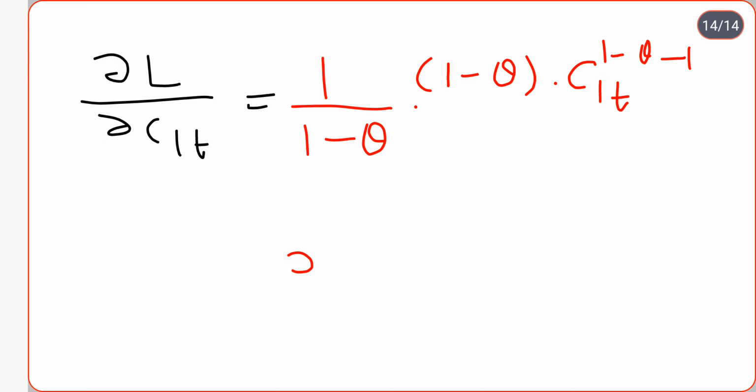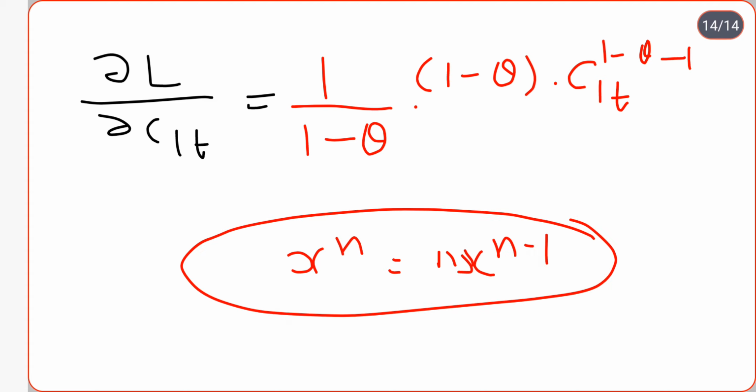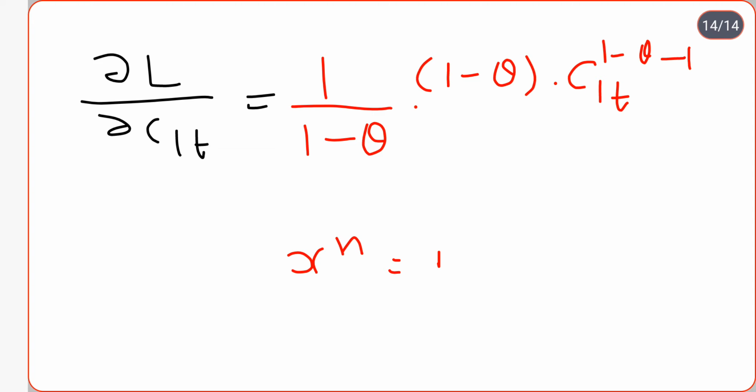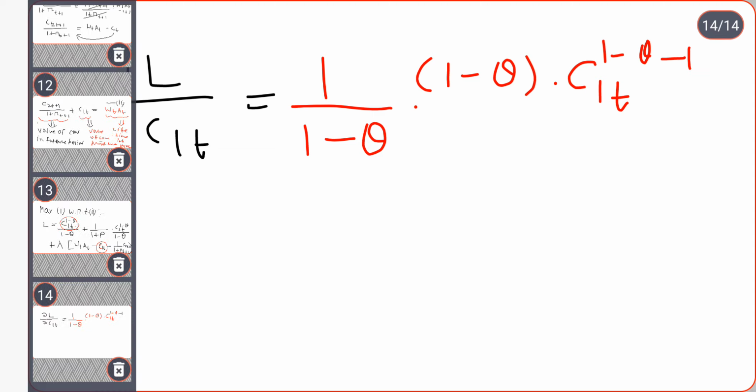We know the differentiation of x to the power n is n x to the power n minus 1. I mean, you obviously know this. So by that method we have applied it here.